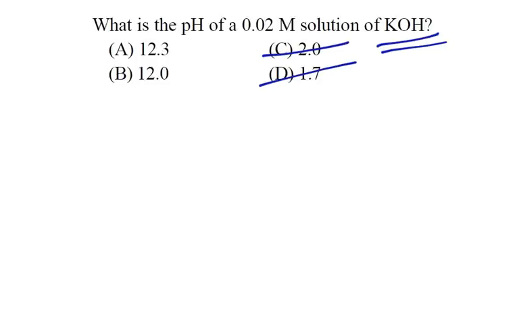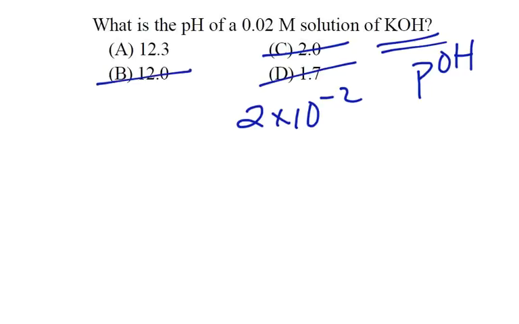Now, we go back and say, this 0.02, we can think of that as 2 times 10 to the negative 2, and when we take the negative log of that number, and we can do it in our head, we're going to get the pOH, and we have to subtract from 14. Well, we can see what happens here. There's no way that this is the right answer, because that would be 1 times 10 to the negative something. So the answer has to be answer A, 12.3, even without a calculator.